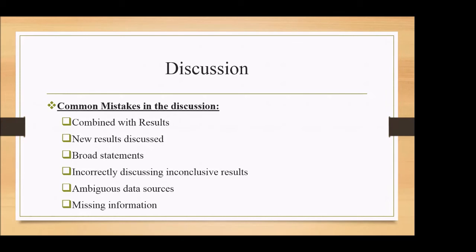You already added all the results in the results section, because we're talking about an article here. So you don't bring new results. Or maybe you add broad statements, but remember that this is very specific, plus you already have the findings.